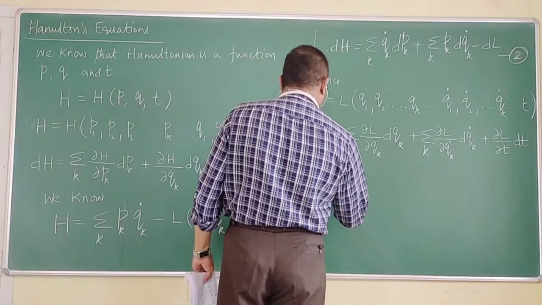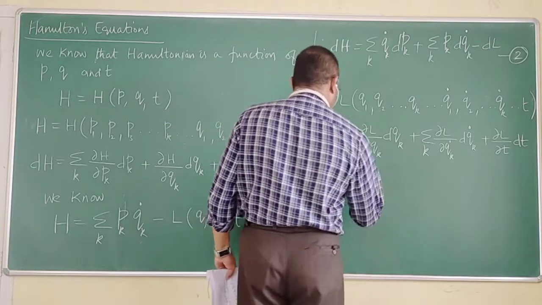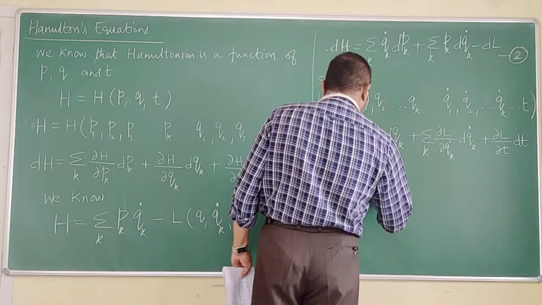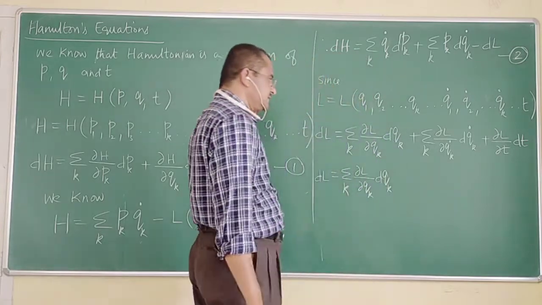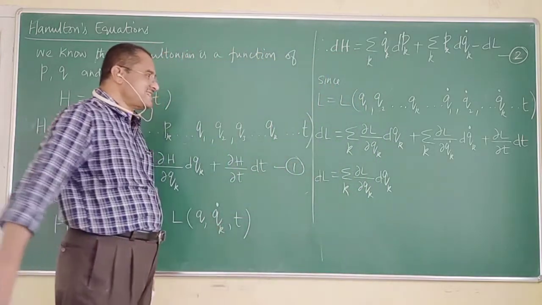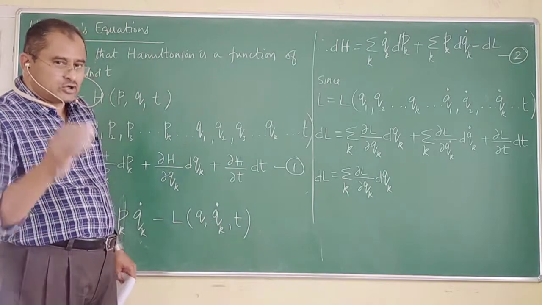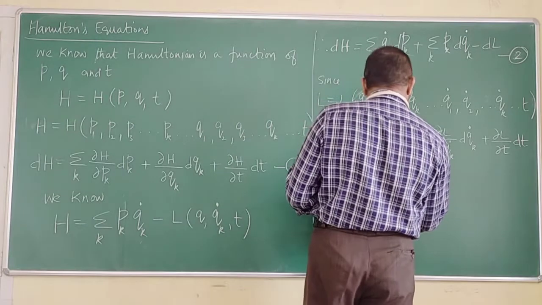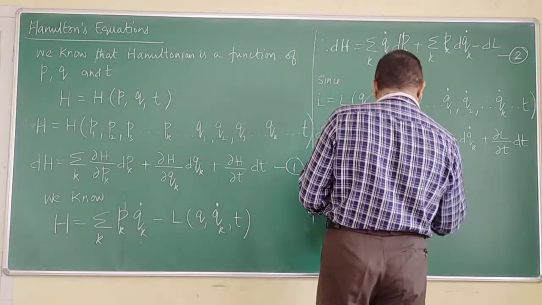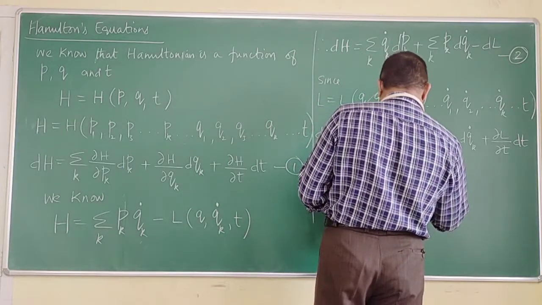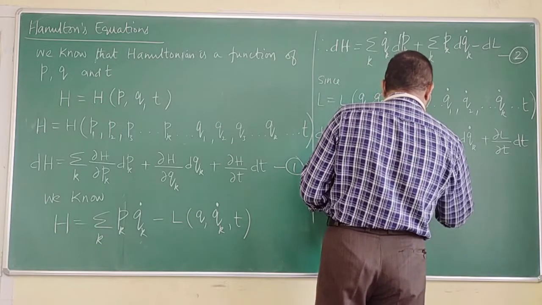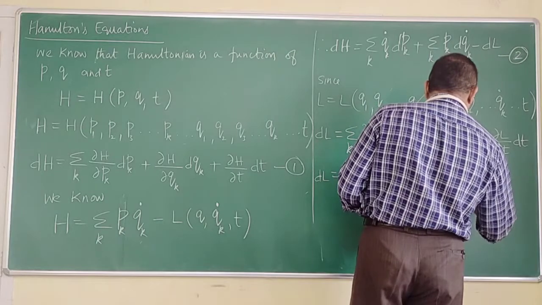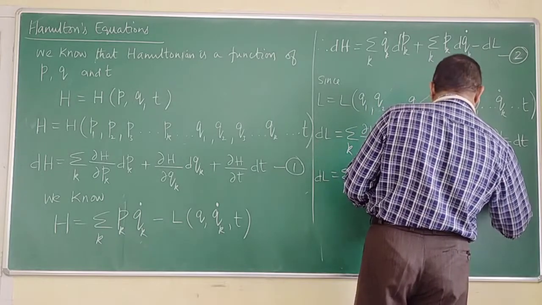dL is equal to sigma k ∂L/∂q_k into dq_k. We know from our previous discussion, ∂L/∂q dot k is the generalized momentum. Therefore, I will write it as plus p_k d(q dot k) plus ∂L/∂t into dt.